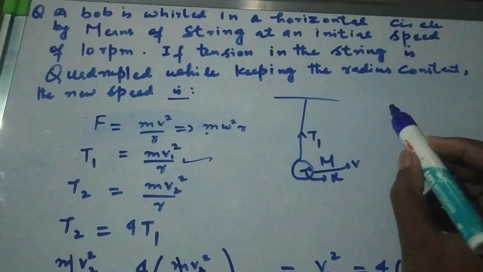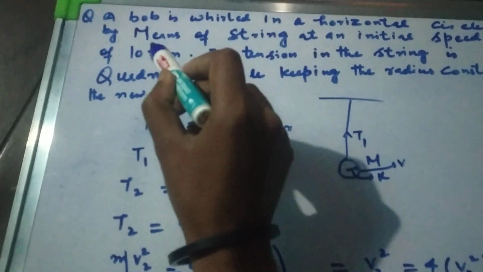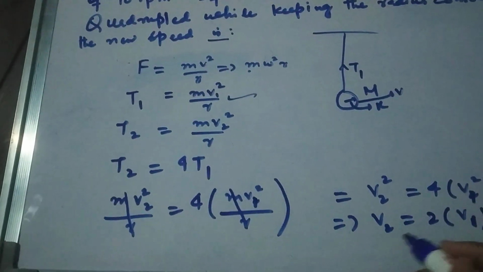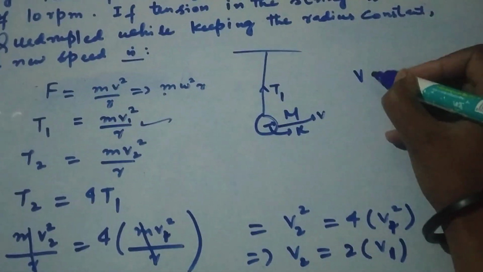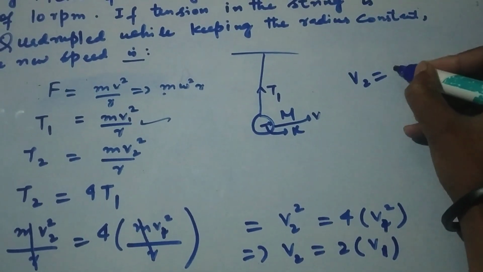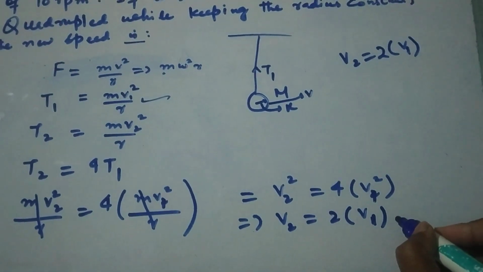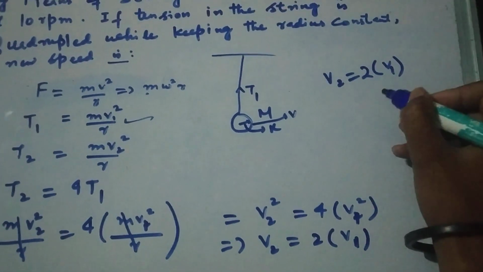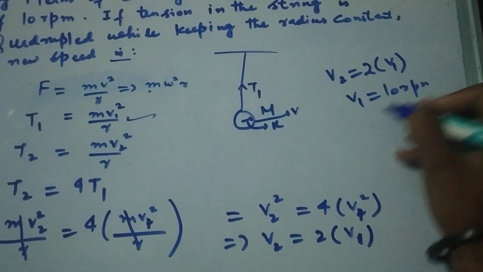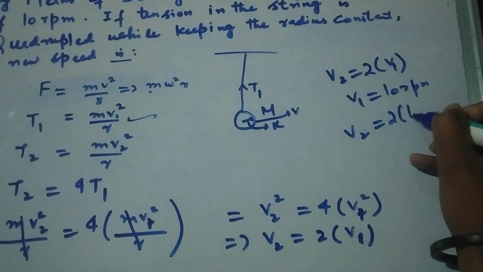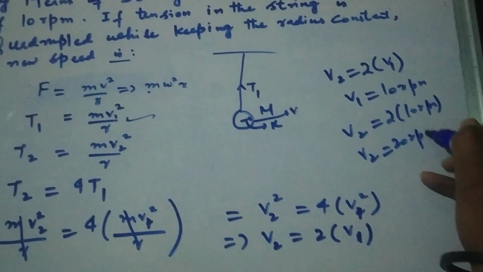The initial value V1 is equal to 10 RPM, revolution per minute. So V2 is equal to 2 into 10 RPM, which is 20 RPM.